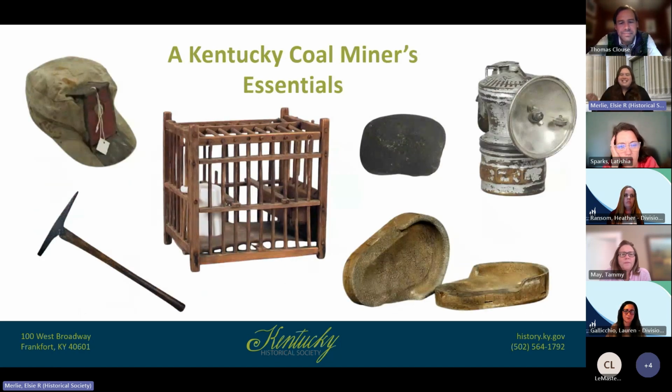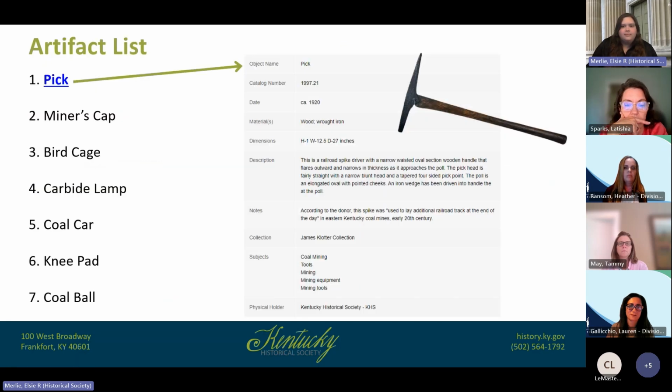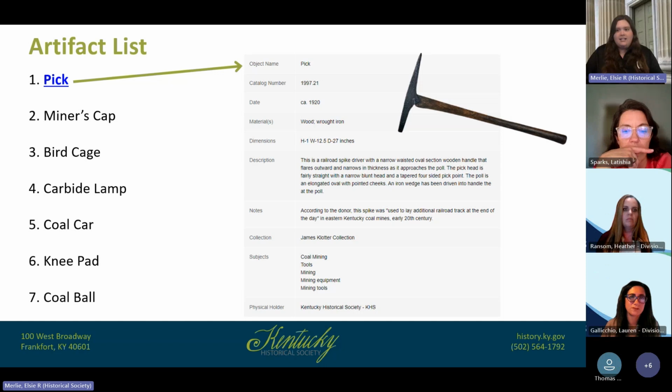So, to get into the meat of this learning experience, Kentucky coal miners use all of these different essentials on the screen, and all of these have been used by actual coal miners in Kentucky, and they're housed here at KHS. So this is a full artifact list that your students would be able to explore and analyze throughout this learning experience.